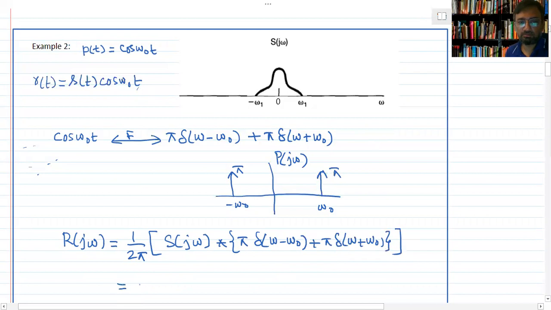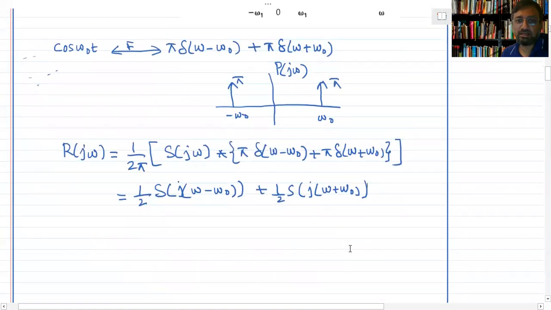So we get half Sj omega minus omega naught plus half Sj omega plus omega naught.